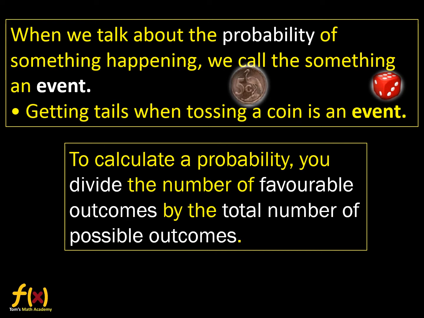And then we say the probability of getting a tail is equal to 1 divided by 2. Simple as that. So that is the calculation: favorable outcomes divided by total number of possible outcomes. In the case of a die, it may be 1 divided by 6, because you have 6 possible outcomes when you roll a die.